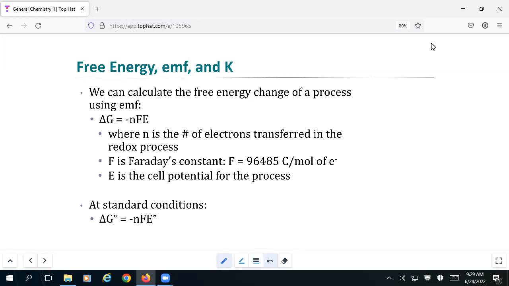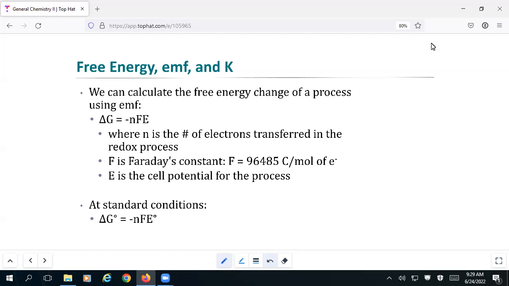And that's where this equation comes in. This is the most familiar form of the relationship between delta G and E. Delta G is equal to negative NFE, N being the number of moles of electrons transferred in the process. And for that, you would need to have your balanced redox reaction.